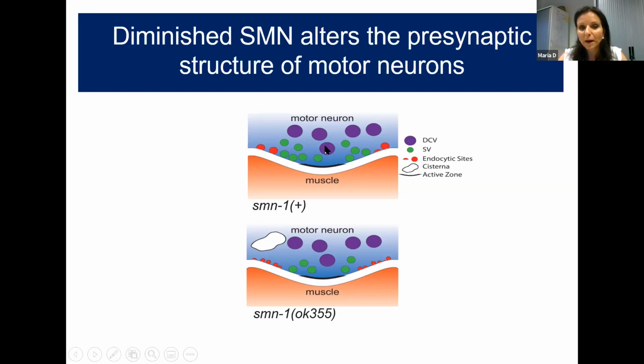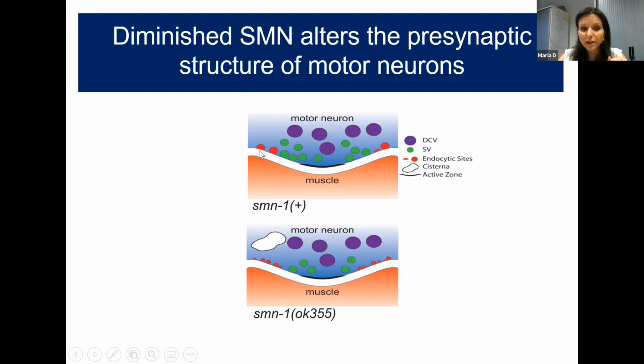So basically, if you look at the purple things, these are vesicles that carry different types of molecules. These are called dense core vesicles, but you see the number is the same. We didn't see any difference. If you look at the green structures, these are the synaptic vesicles that I was showing you before. And actually we found out the synaptic vesicles that are used through endocytosis are much fewer in number, and they don't localize properly.